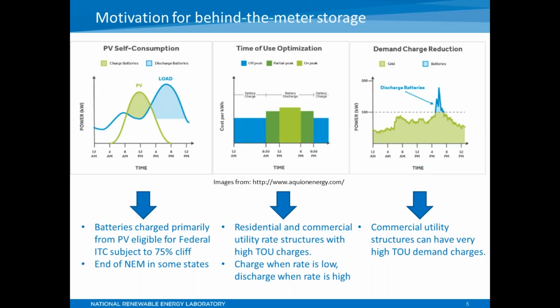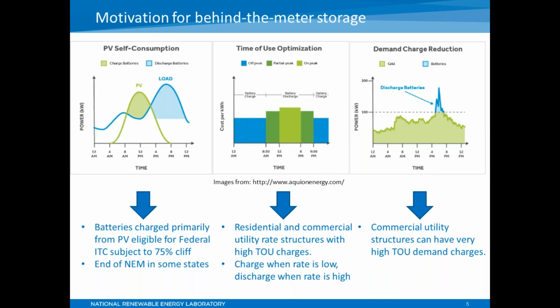By performing that arbitrage, the idea would be that you could extract enough value to justify the capital cost of the system. In my analysis experience, that value stream alone is typically not going to be enough to justify a battery system. However, perhaps when coupled with the option on the right, which is demand charge reduction, the possibilities become more apparent.